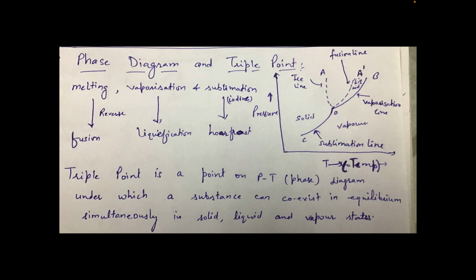And in this pressure temperature diagram, the triple point was denoted by O. Clearly in the figure, the O point shows the triple point because at O, all the three phases of the substance coexist.